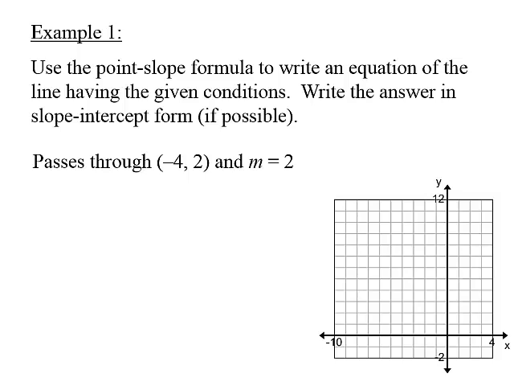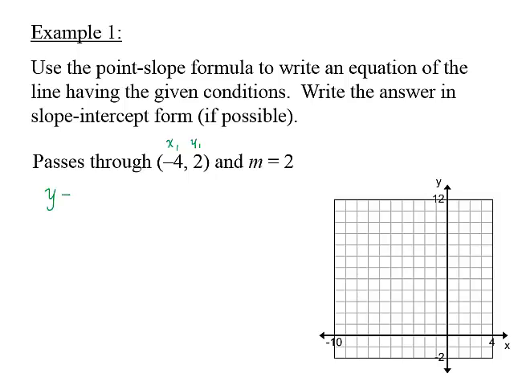Example 1 is to use the point-slope formula to write an equation of a line having slope 2 and passing through the point negative 4, 2. We designate our given point as x sub 1, y sub 1, and our slope, of course, is m.